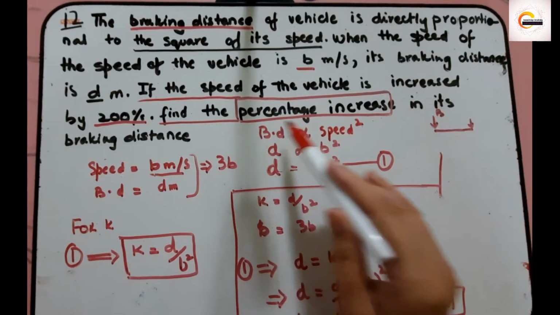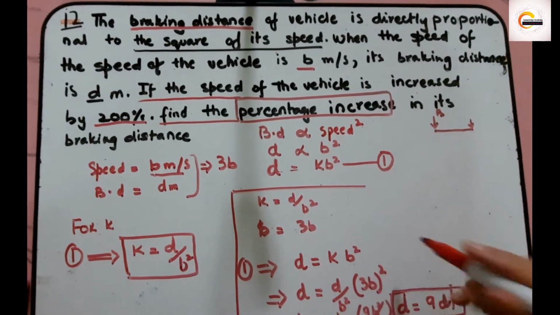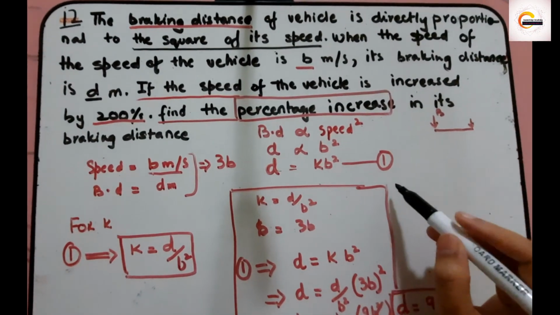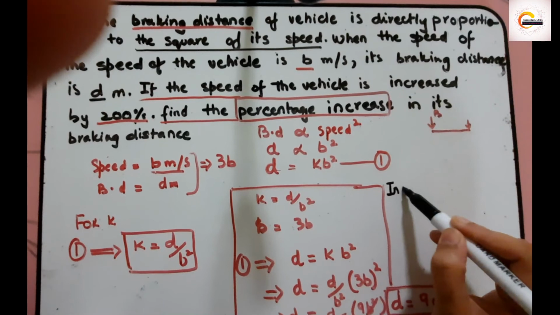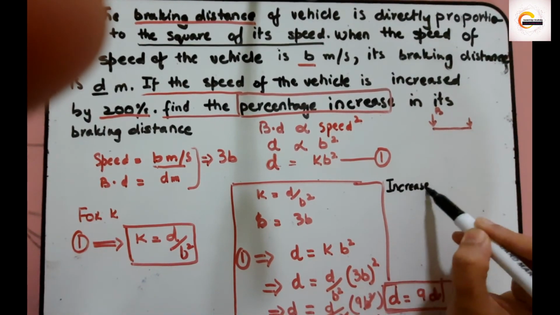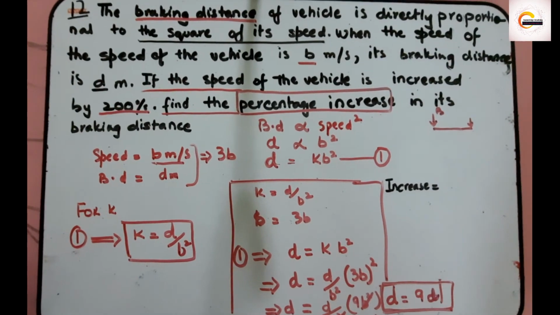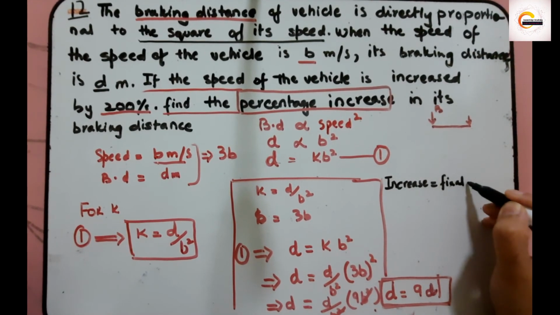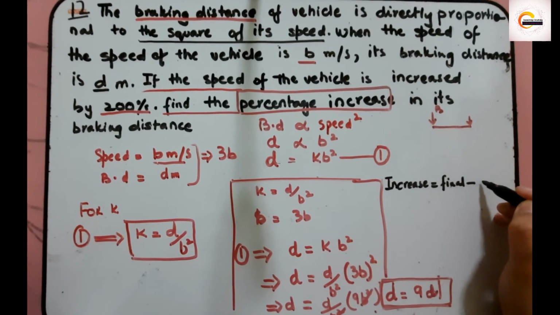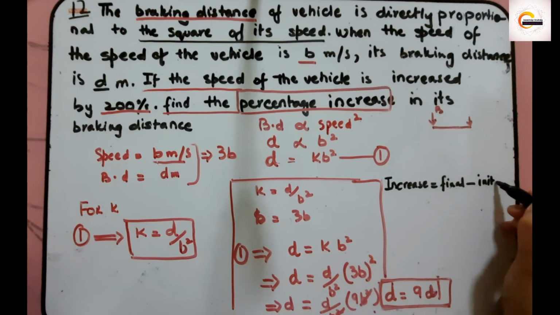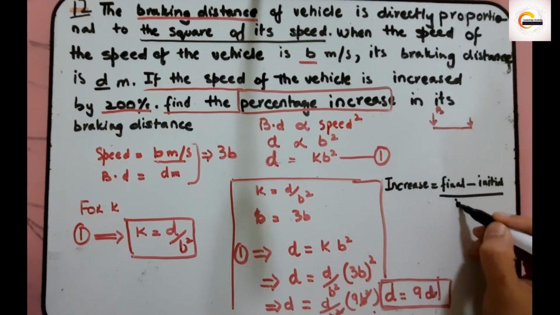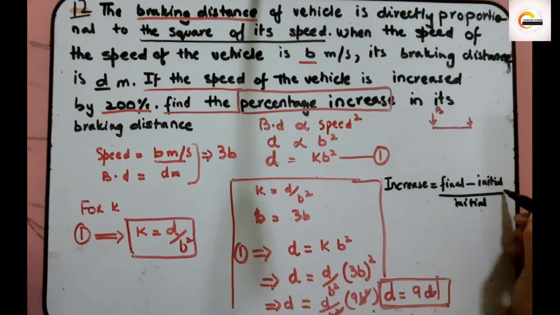So for percentage increase, what we have to do is find the difference between final and initial, upon initial, multiplied by 100.